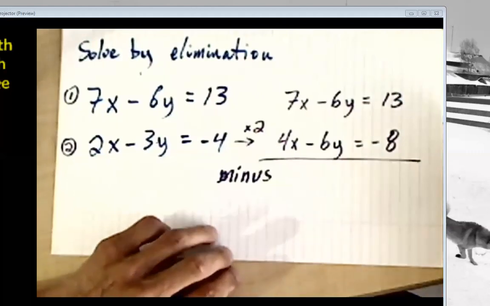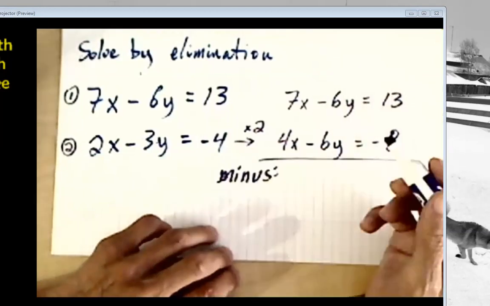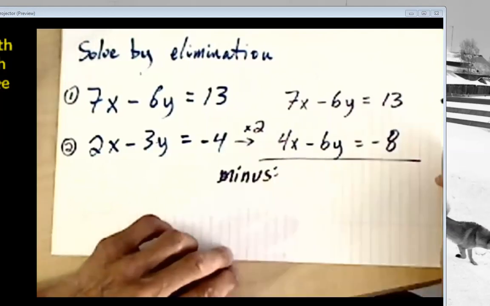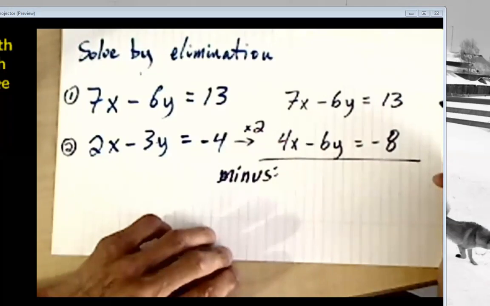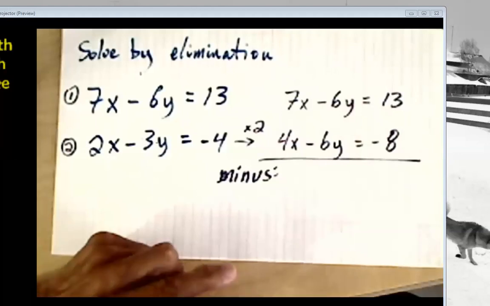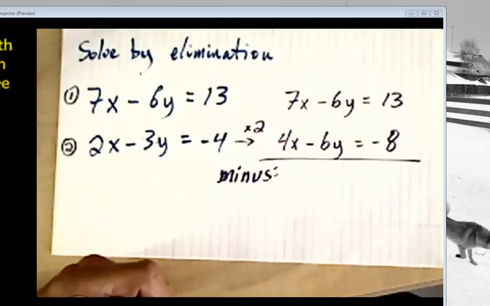It's going to be 3x is 21. Okay, it's not going to be that because that sounds like adding. No, it's opposite signs, we add them. Guaranteed. Minus, yeah.